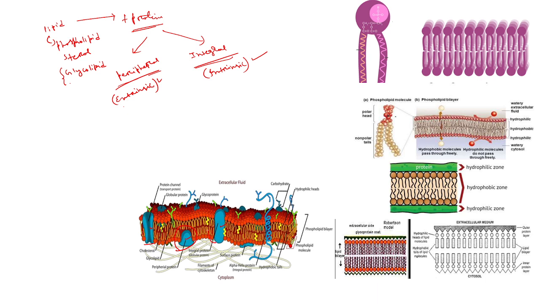Look at the structure. It is already buried in the core of the plasma membrane. That's why it is the integral or the intrinsic protein, and this is called the peripheral or extrinsic protein.